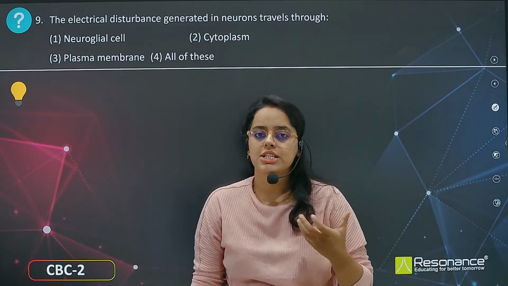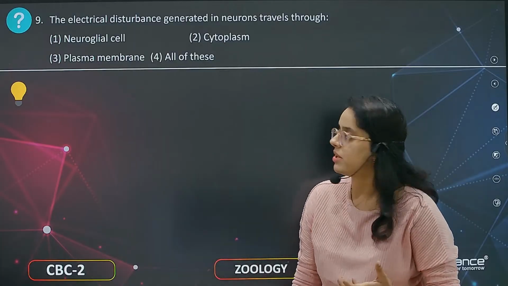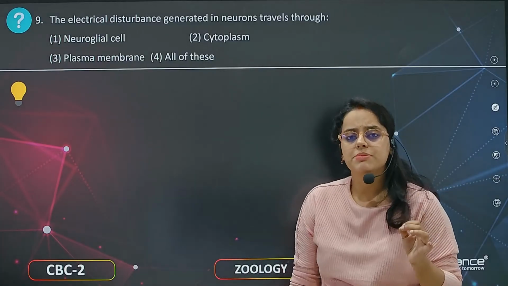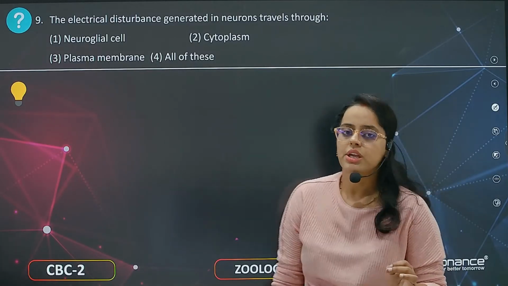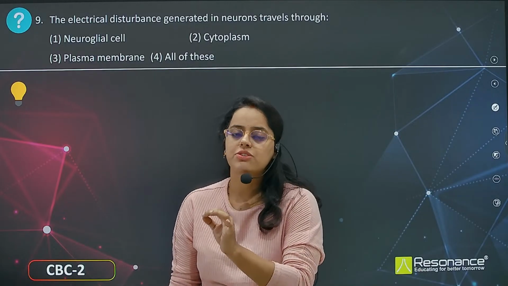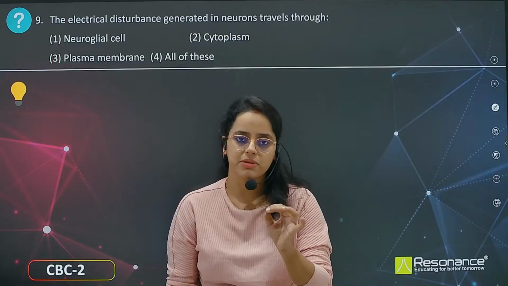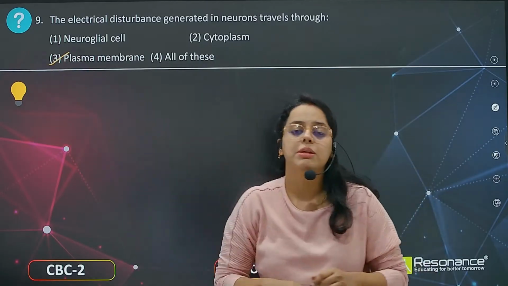The electrical disturbance generated in neurons travels through neuroglial cells, plasma membrane, or cytoplasm. It does not travel through neuroglial cells. The electrical disturbance generated in neurons travels through the plasma membrane. Why?